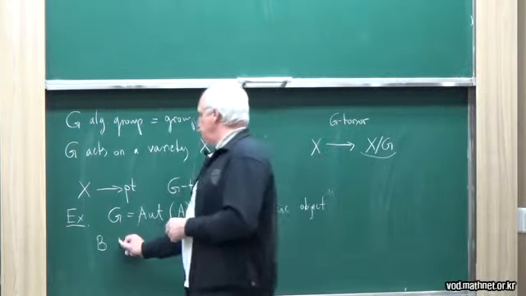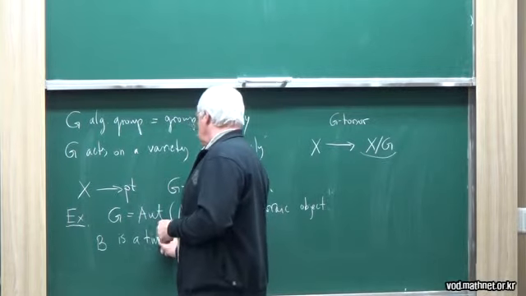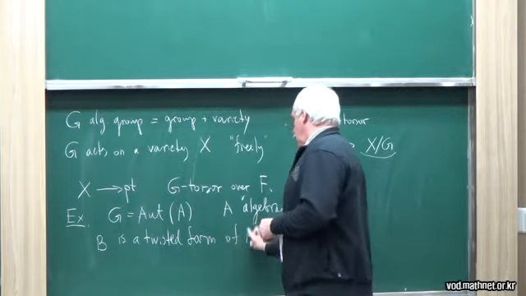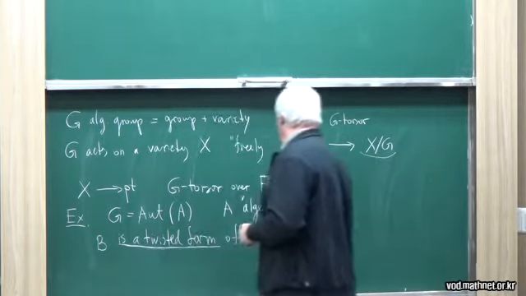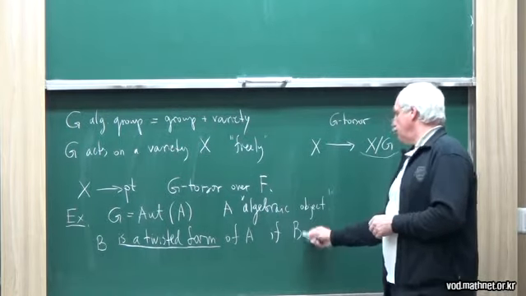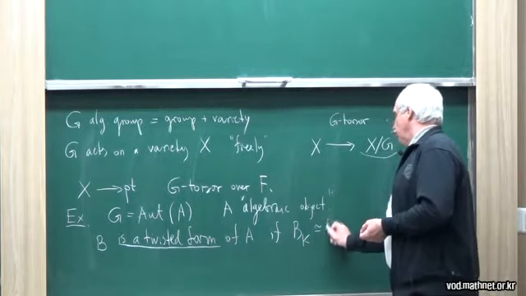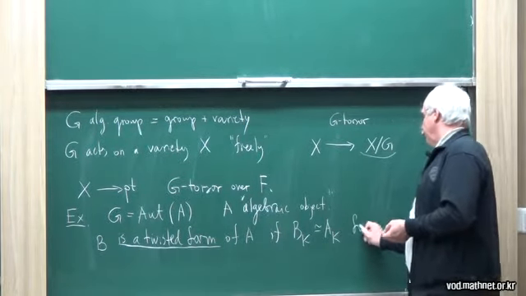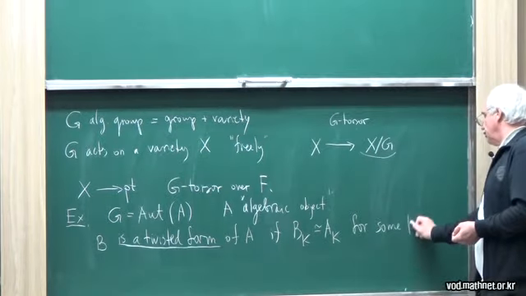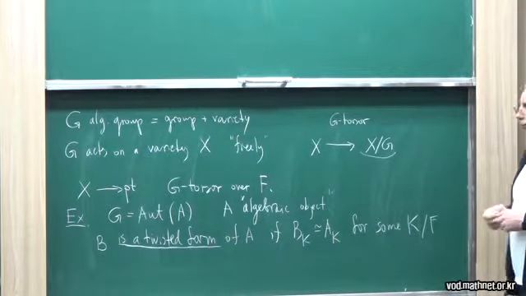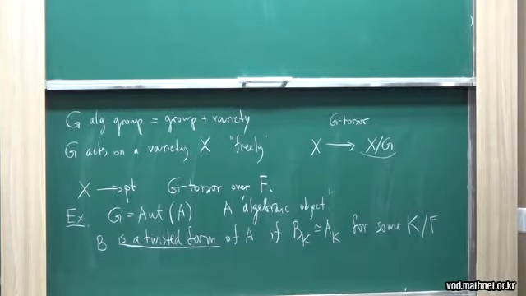So we say that B is a twisted form of A if B, when you lift the base field to a larger field, say K, is isomorphic to A over K for some field extension K over F. For example, two quadratic forms may not be isomorphic over a given field, but they become isomorphic, say, over a larger field. And in this case, we say that one is the twisted form of the other.